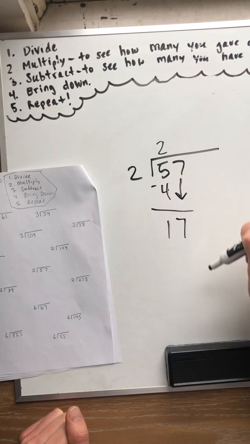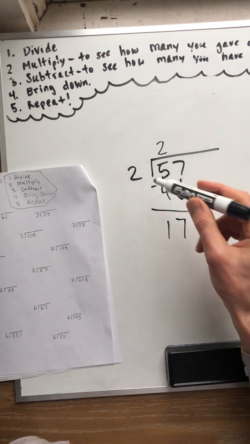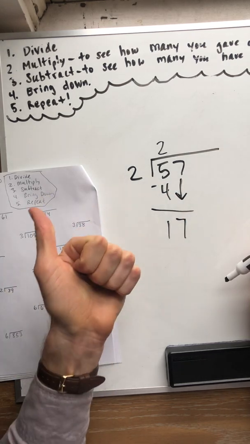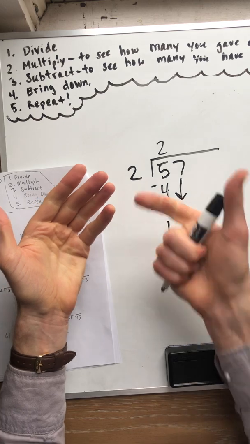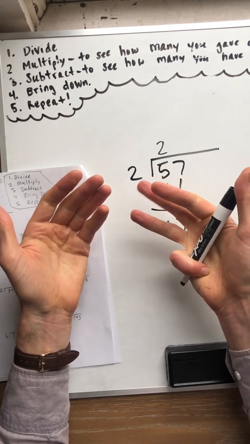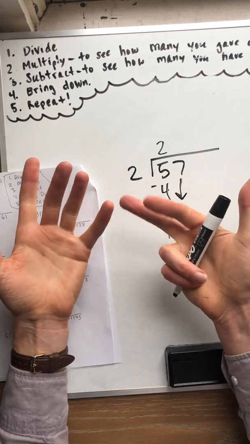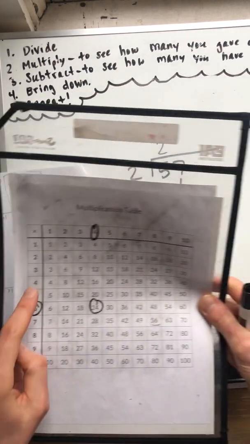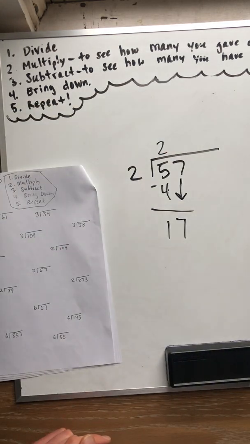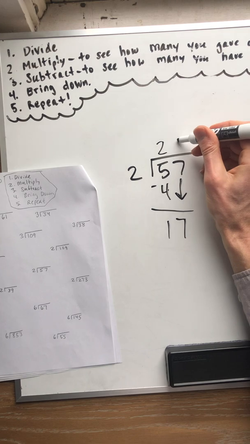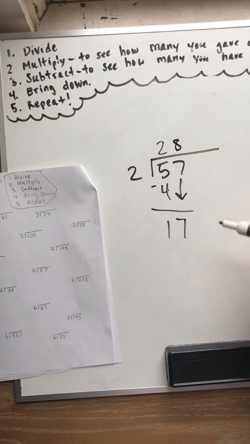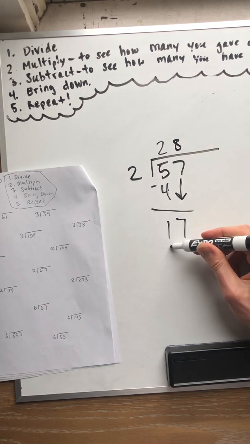2 goes into 17 how many times? Or 17 divided by 2 is what? 2, 4, 6, 8, 10, 12, 14, 16, 18. Oh, too much. 8 times. You can always use this too. So, 8 times 2 is 16.